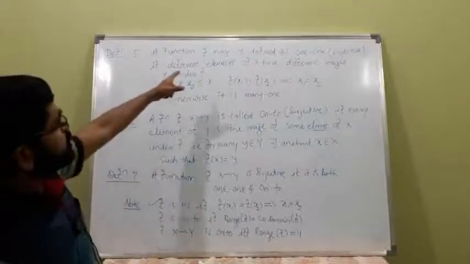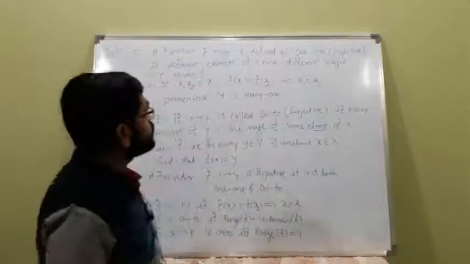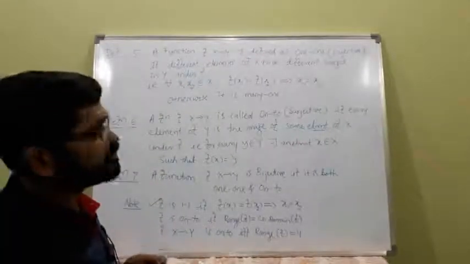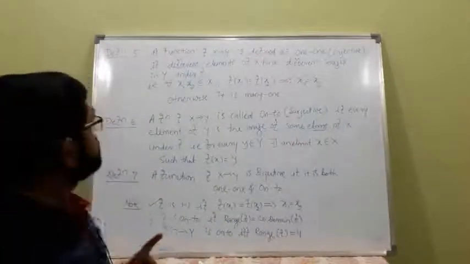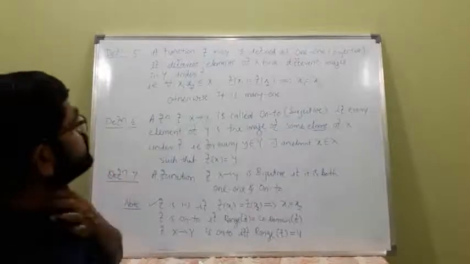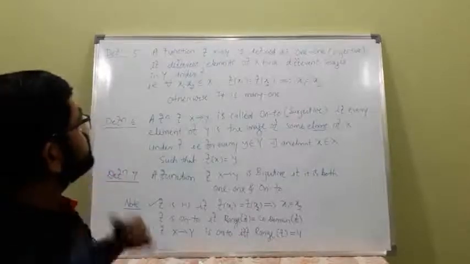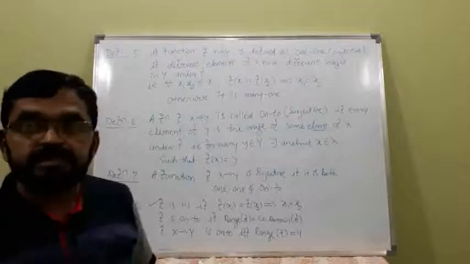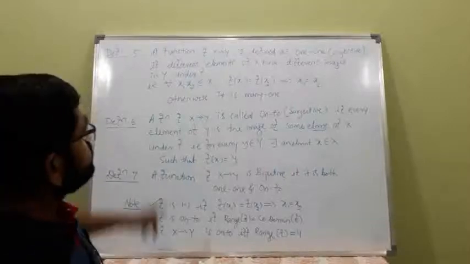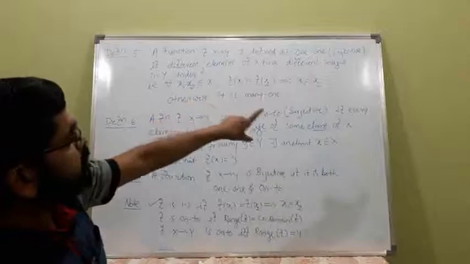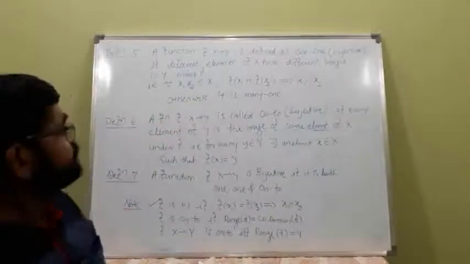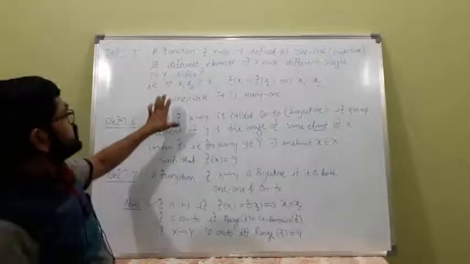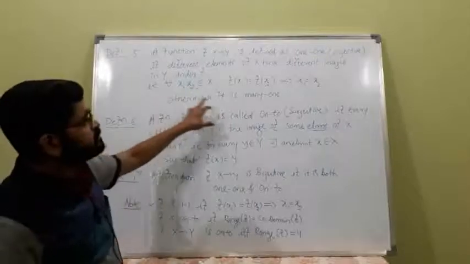A function f from X to Y is defined as 1-to-1 or injective if different elements of X have different images in Y under the function f. Different elements of X have different images. Otherwise, it is called many one.